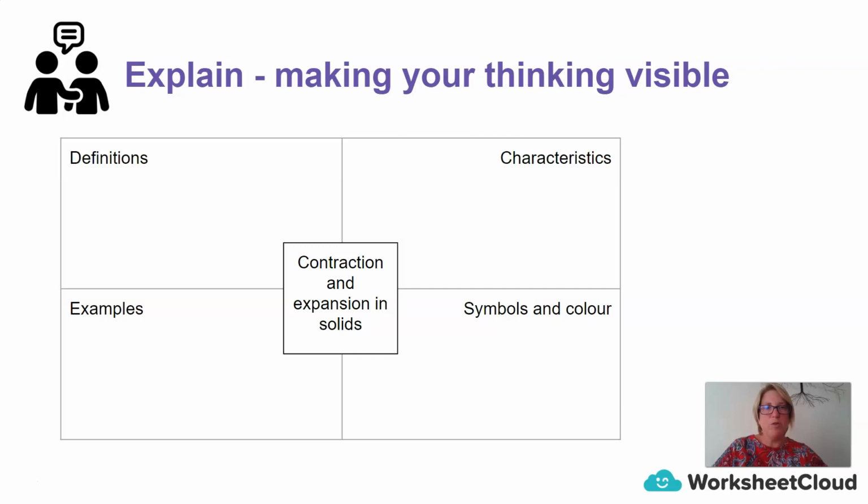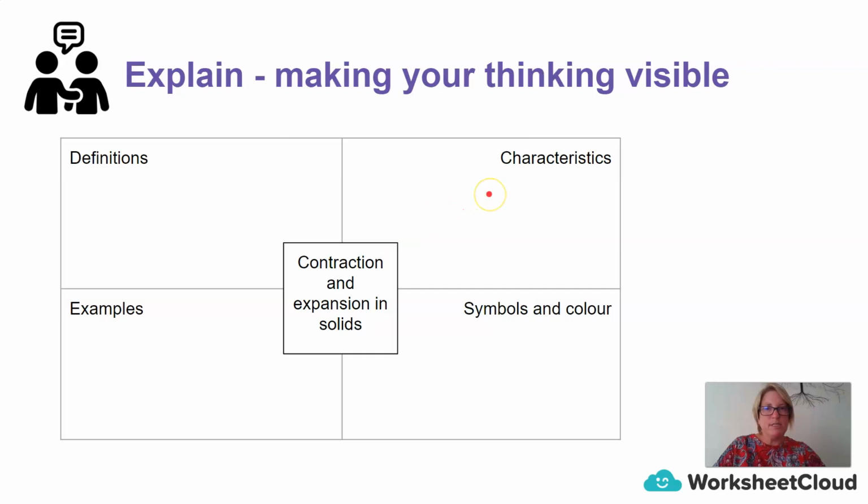So to make your thinking visible for this lesson, you can design a thinking diagram like this, where you can put the contraction and expansion of solids in the middle. You can have a column where you provide all the definitions for contraction and expansion. What examples can you give from this lesson?